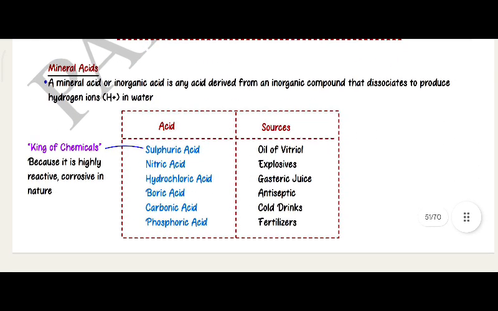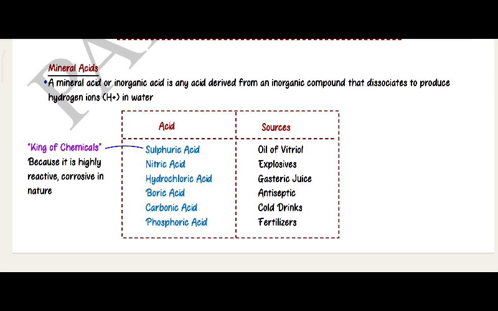Mineral acids. A mineral acid or inorganic acid is an acid derived from an inorganic compound that dissociates to produce a hydrogen ion, H plus, in water. Sulfuric acid, the king of chemicals because it is highly reactive and corrosive in nature, also called oil of vitriol. Nitric acid, explosives.